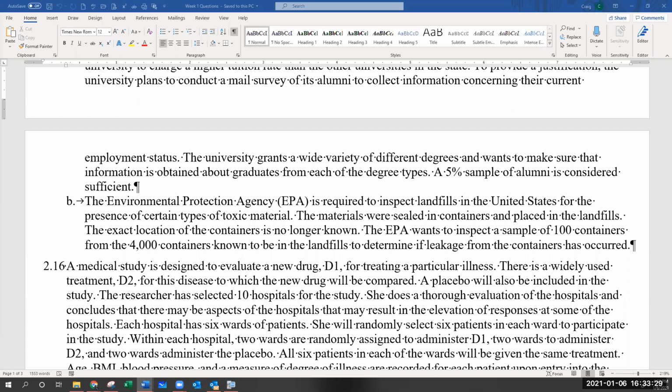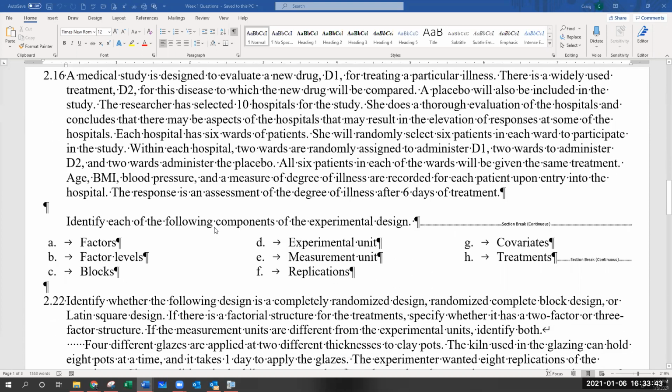What else? Anybody else? I think those are all the tricky ones we've already touched on. 16 can be, well, we already talked about how the experimental unit and the measurement unit can both be thought of as the patients.